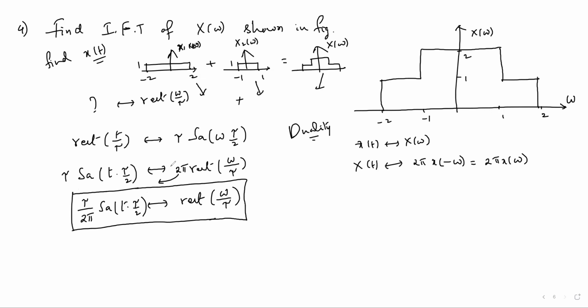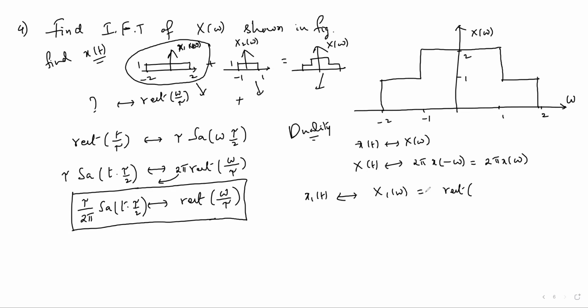So given signals x1 of t with Fourier transform x1 of omega, you observe what x1 of omega is here: a rectangular function in the frequency domain.